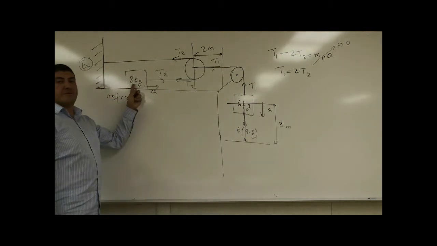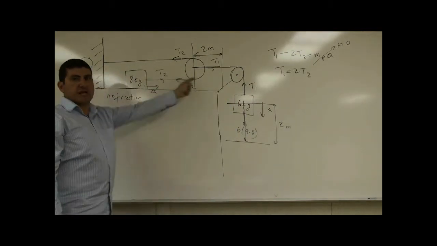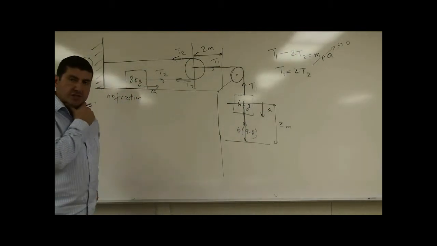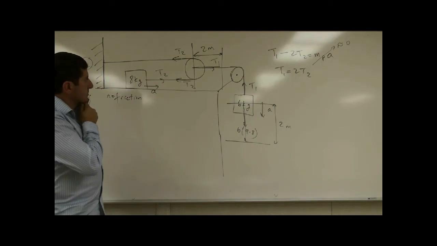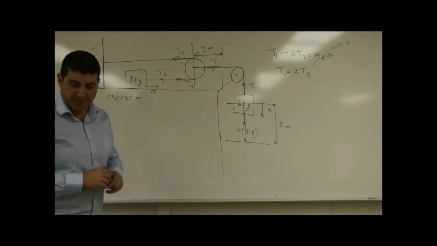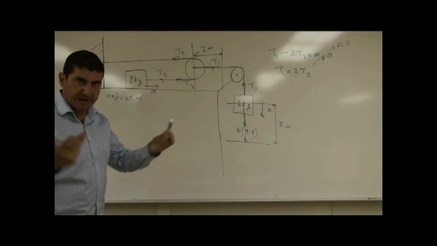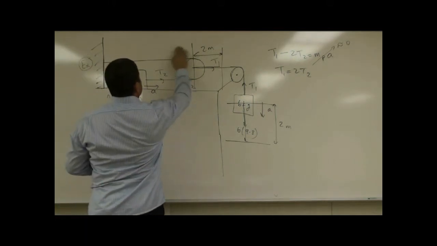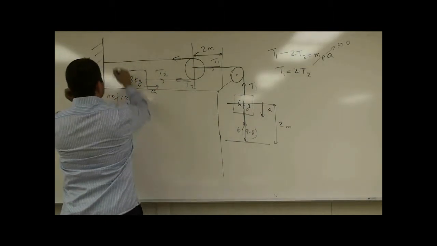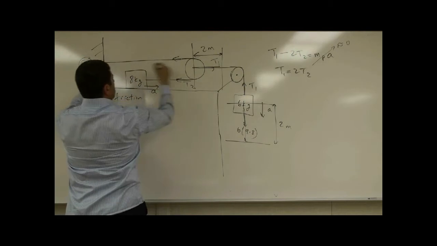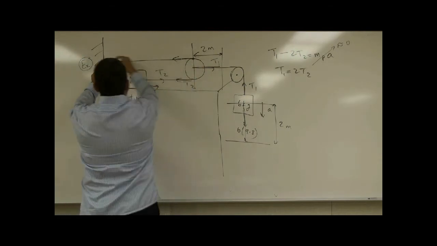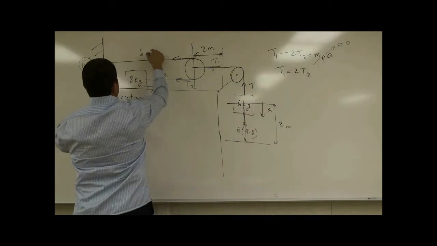Now, how far will the 8 kilogram block move? Okay? How far will that move? Will it move 2 meters? Well, in order to analyze it, let's assume something here. Let's give out some numbers. Let's say in the original position, the distance from the wall to where the string is touching the pulley was 6 meters.